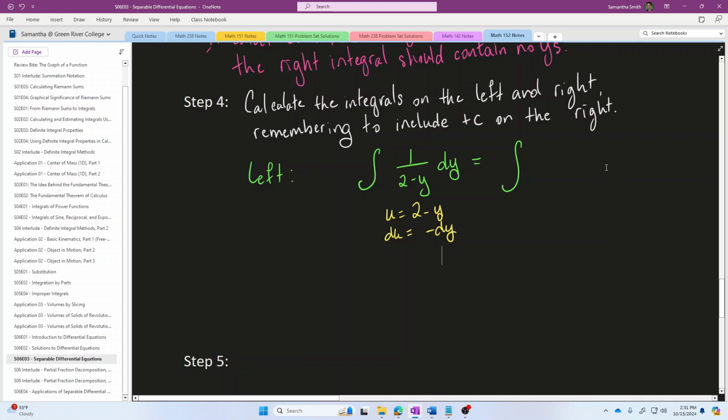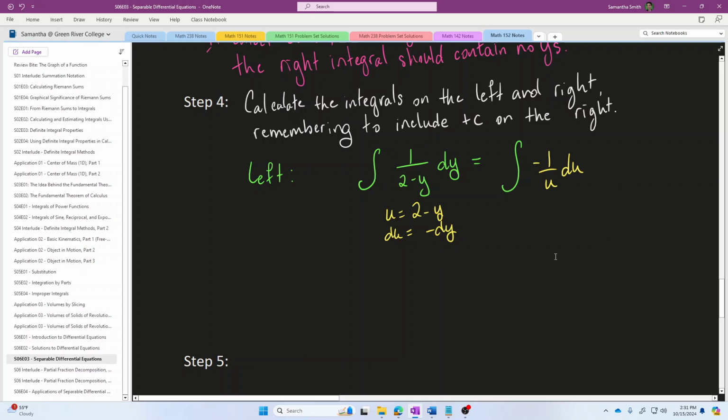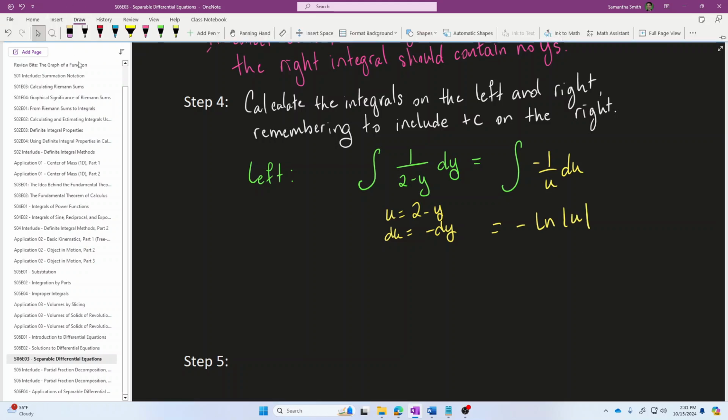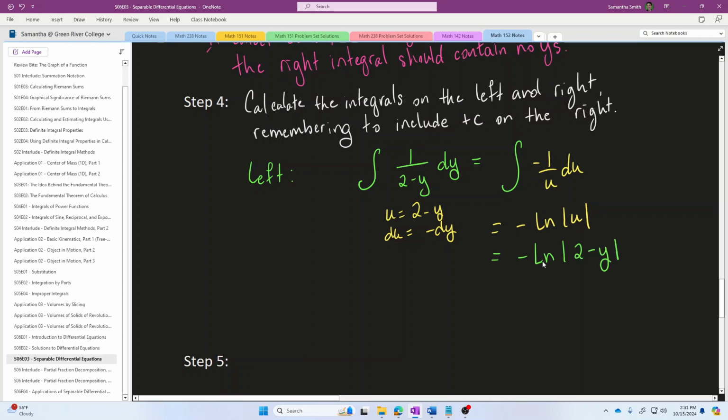So with that substitution, I'm now integrating negative 1 over u du, which gives me negative natural log of u. And if I put back the original expression for u, I would get negative natural log of absolute value of 2 minus y.